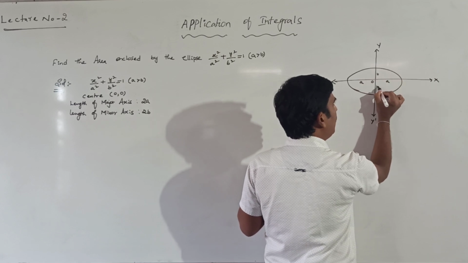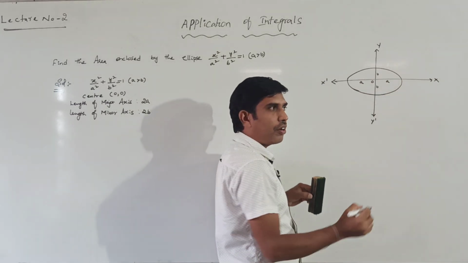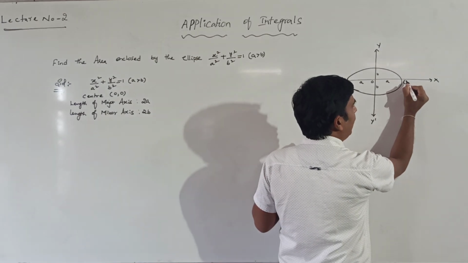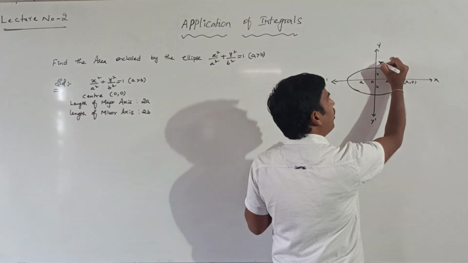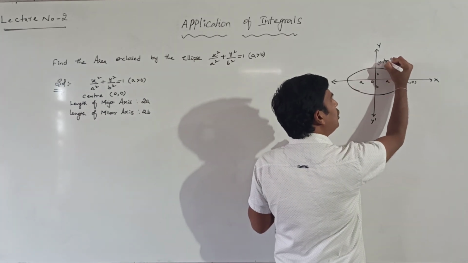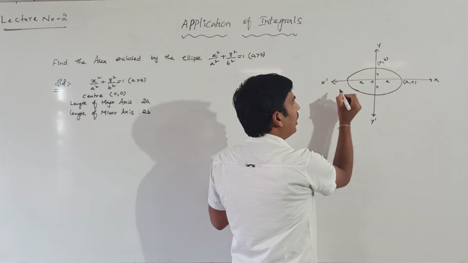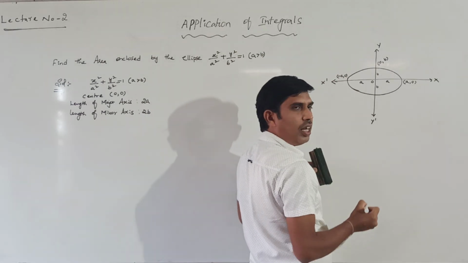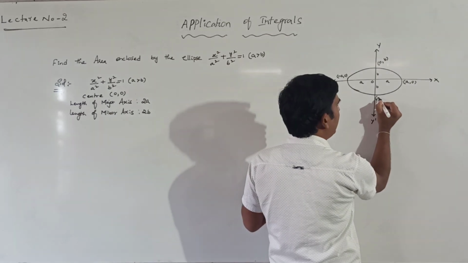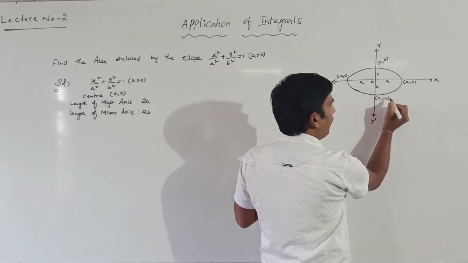Nothing but 2b. So therefore we can write here the point on x-axis as a comma 0, here the point as 0 comma b, here minus a comma 0, and here the point as 0 comma minus b.